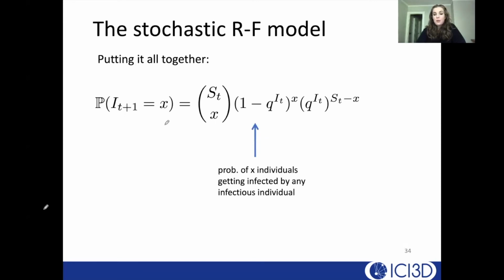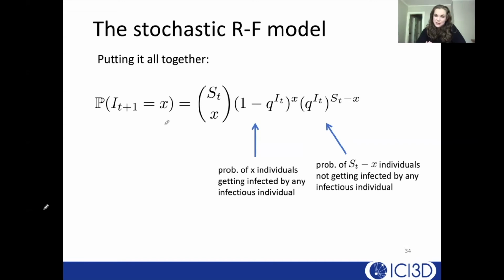We have the probability of X individuals getting infected by any infectious individual in the middle. And then we need the rest of the susceptible individuals not to get infected. So we have the probability of S_t minus X individuals not getting infected by any infectious individual on the right. And then we have that binomial coefficient for the number of ways to choose X individuals out of the susceptible population at time t.